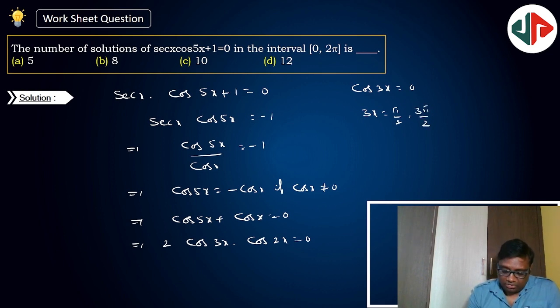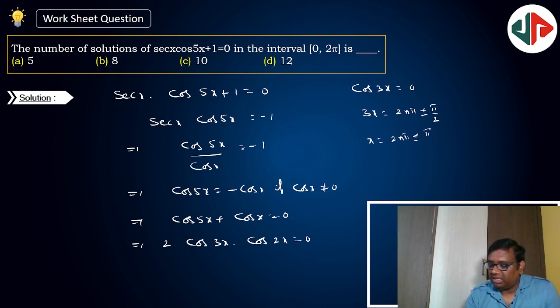Generalized solutions only we had, right. 3x is equal to what are the possible values here? 2n pi plus or minus pi by 2. So x is equal to 2n pi plus or minus pi by 6.